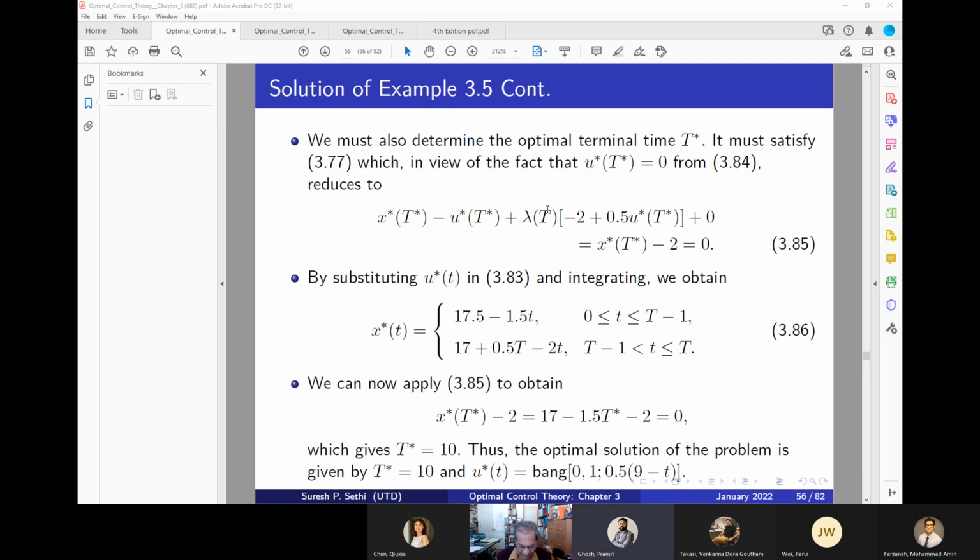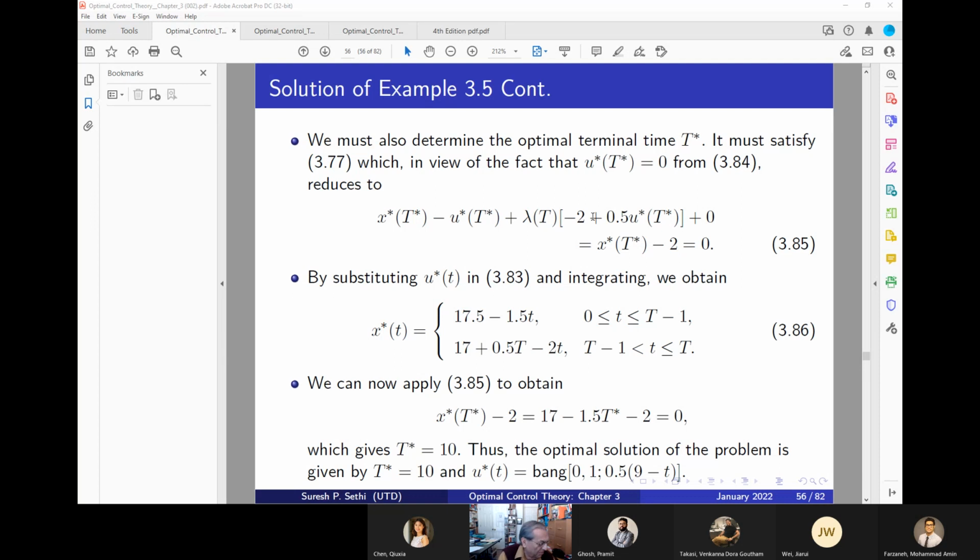I'm looking. Oh, book is not a mistake. Good. Slide is a mistake. The slide, this should be T star. The book doesn't give you this. It just satisfies everything and gives you only this.